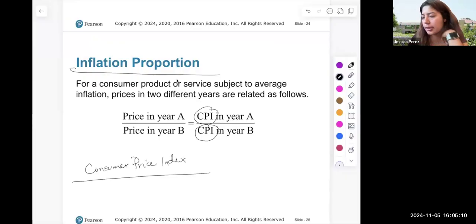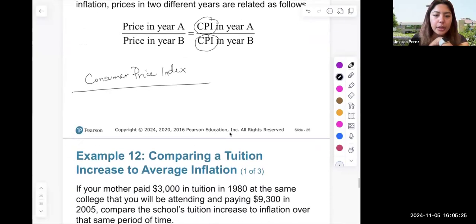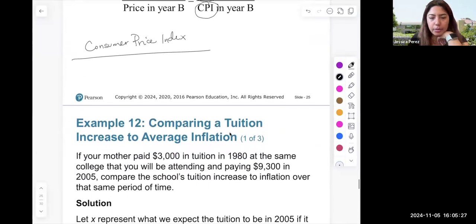So we're going to look at the actual price compared to the price that the CPI puts on it. So there are 2 ratios, the ratio of the price in year A and the CPI in year A over year B. So let's look at this example.